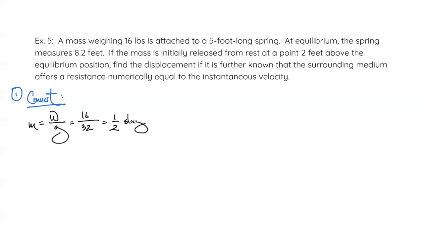Now, the mass weighing 16 pounds is attached to a spring that is already 5 feet long. Okay, so it's not that you put the mass on the spring and then it increases the length by 5 feet, right? You have a 5-foot long spring and then you attach the weight. Then after you attach the weight, the spring stretches more. It stretches to 8.2 feet.